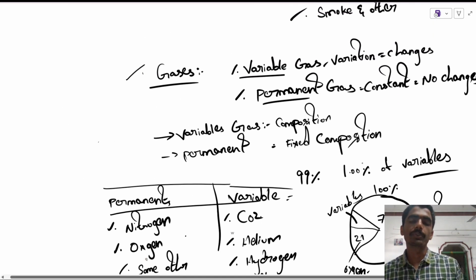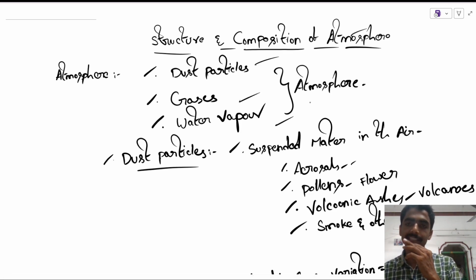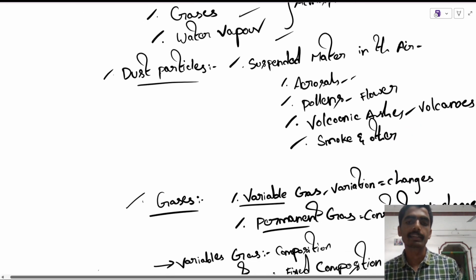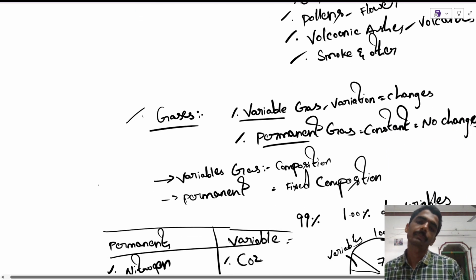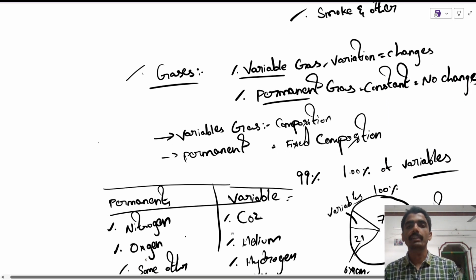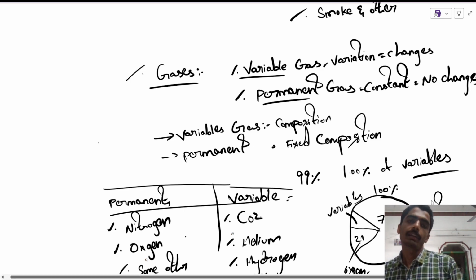And coming to the composition: dust particles, gases and water vapor. Dust particles means suspended matter, and gases are of 2 types, variable gases and permanent gases. Variable means changes and permanent means fixed. In permanent gases, oxygen, nitrogen and argon comprise 99%, and the remaining variable gases component is 1%.